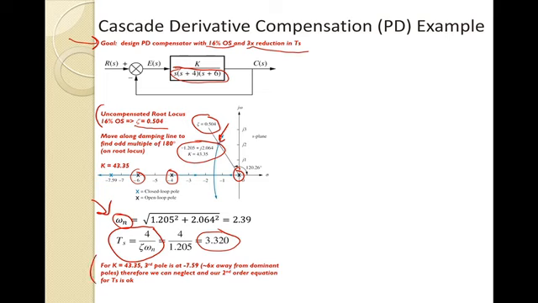When we looked at this root locus, we have these dominant poles, but we also have a third pole over here at roughly minus 7.6. Since that's roughly 6x farther away from the dominant poles, our second order approximations are valid, and therefore we can use this equation for the settling time. Please remember, those equations were developed for a general second order system.